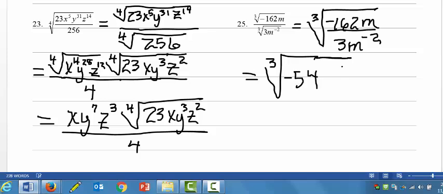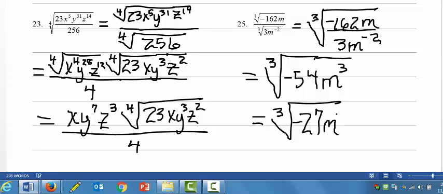M to the first divided by m to the negative 2 is m to the 1 minus negative 2, which is m cubed. So I'm going to rewrite this so that the perfect cube factors, negative 27m cubed, are in my first radical, and the imperfect remaining factor, 2, is in my second cube root radical.